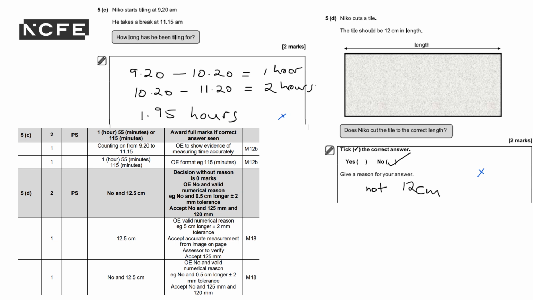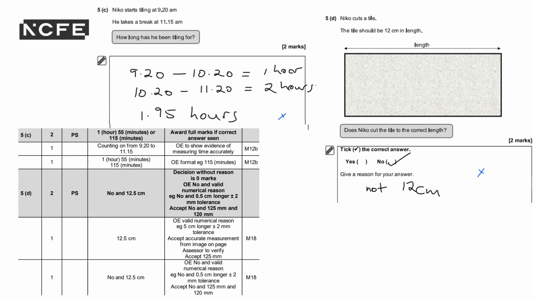And for the second one, our learner, again, they've given a decision and they must have used a ruler and measured the length that we can see, and it's not 12 centimeters. No, it's not. But they haven't written down what it is.